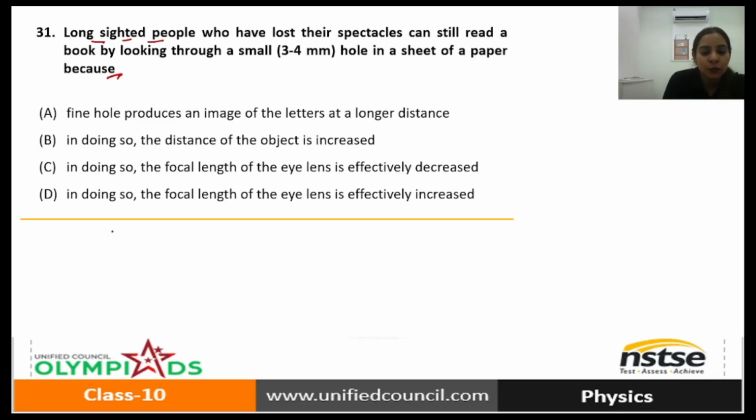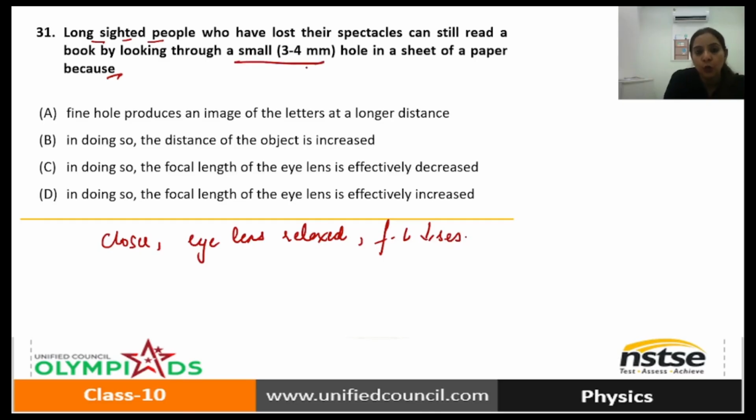Now let me tell you, to look closer, the eye muscles should be relaxed, because if the muscles are relaxed, then the focal length increases effectively. So in this case they are able to see because they are seeing through a small hole. They are holding it closer to them.